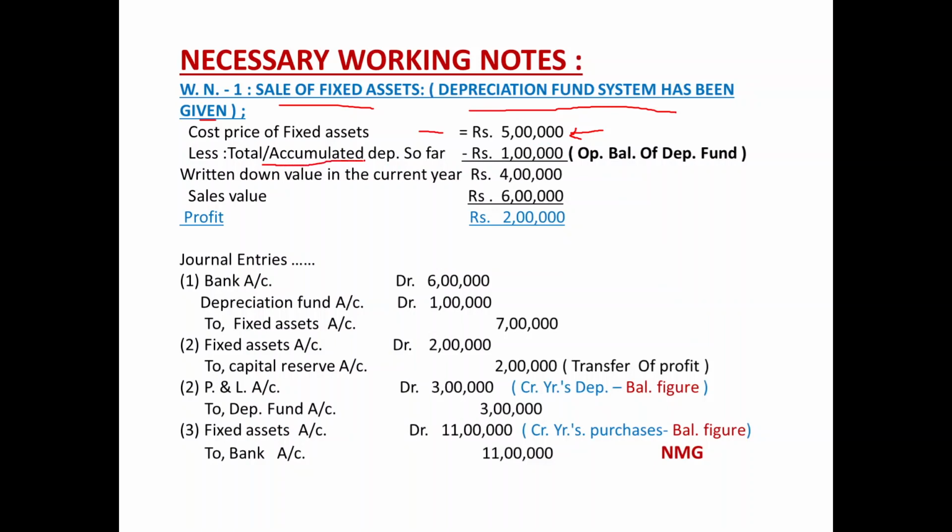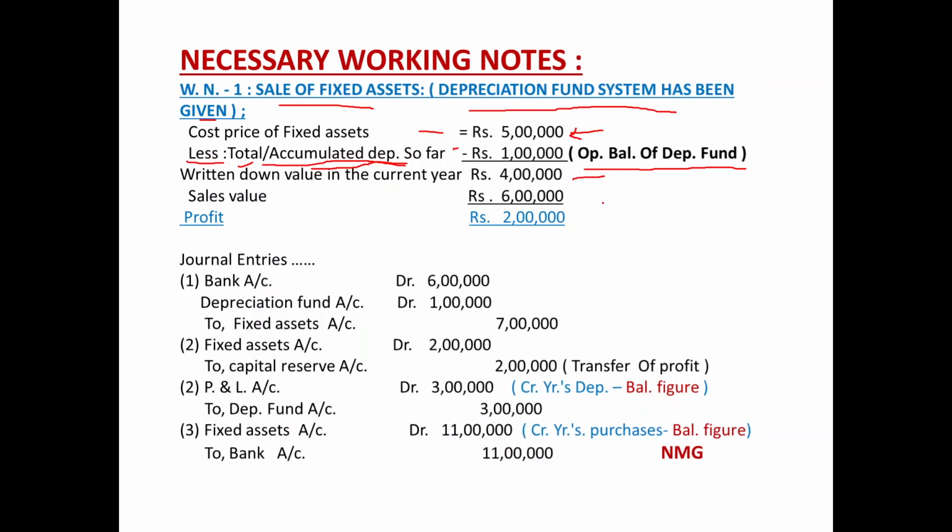Total accumulated depreciation, let us deduct it to decide the written down value. So less total accumulated depreciation so far, the depreciation accumulated over so many years, ₹1 lakh, as we discussed and saw in the balance sheet, opening balance of depreciation fund. So 5 lakhs minus 1 lakh gives the written down value in the current year ₹4 lakh.